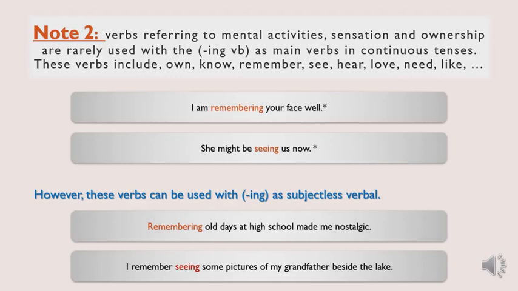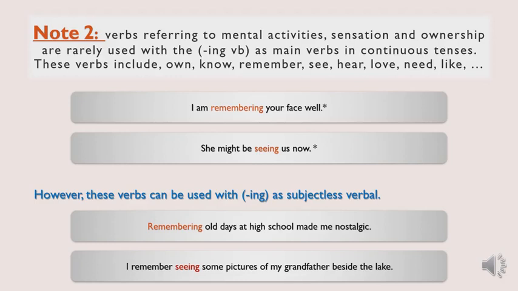This verb refers to a mental activity. We use the ing with this verb because here it is a subjectless verbal. It doesn't have a subject, and it is not a main verb in this sentence. That is why we can use it as a subjectless verbal, because it is not the main verb.